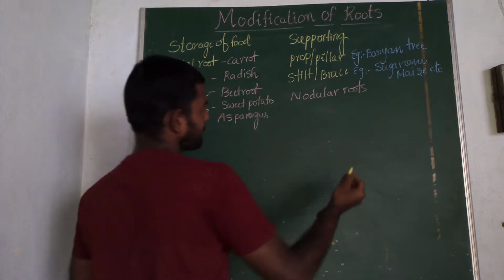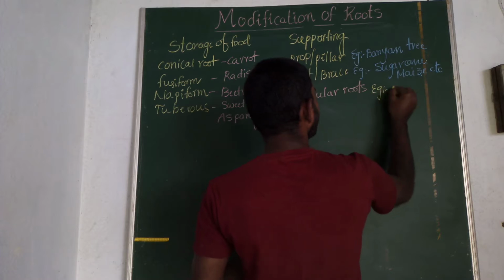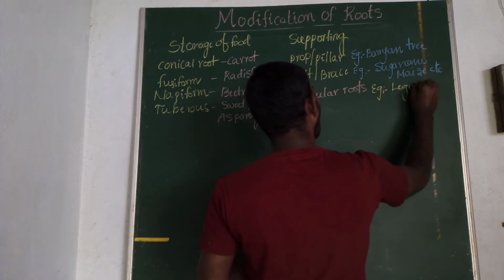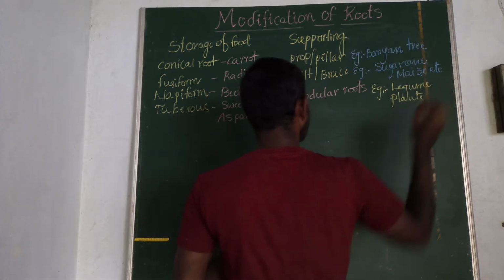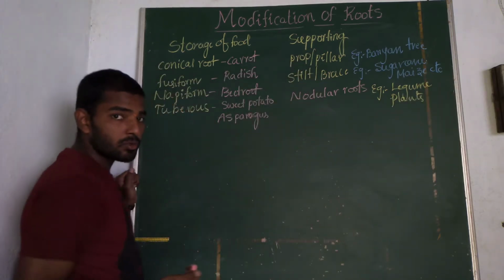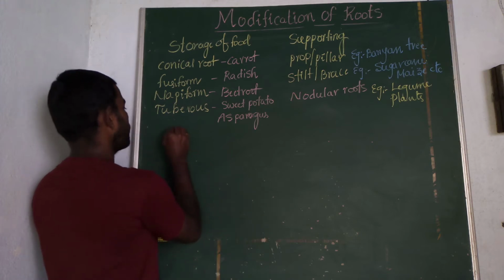Example, all the leguminous plants, all legume plants. And the next one, photosynthetic roots or the assimilatory roots.